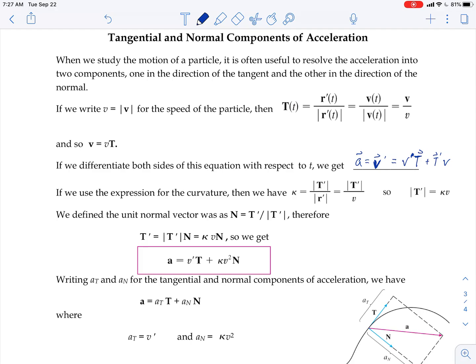We defined the unit normal vector as N, so the unit normal is equal to the derivative of the unit tangent divided by the magnitude of the derivative of the unit tangent.